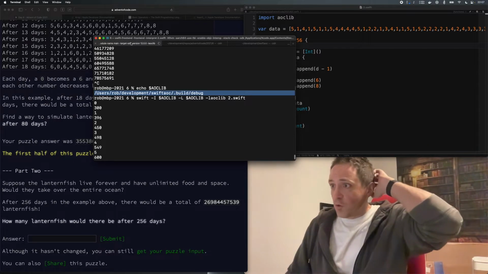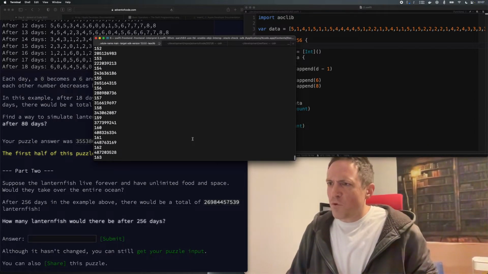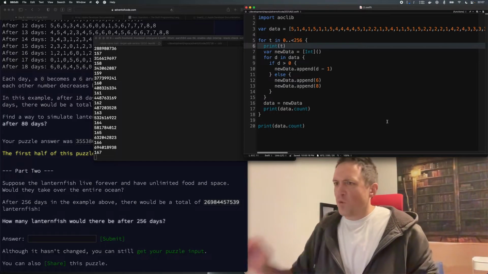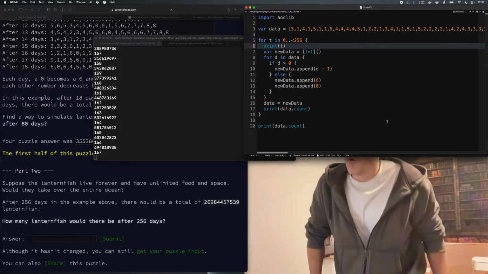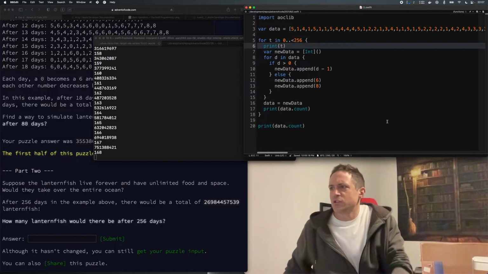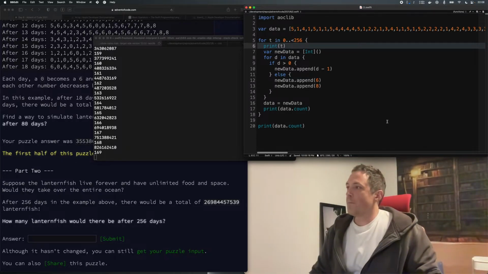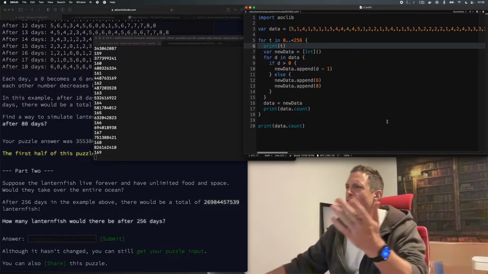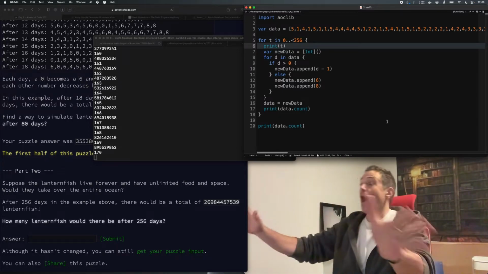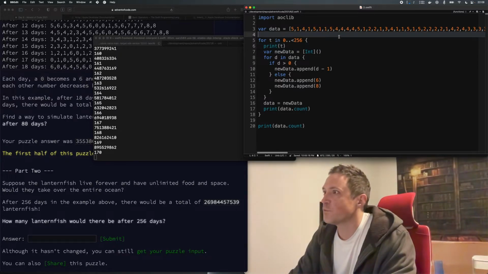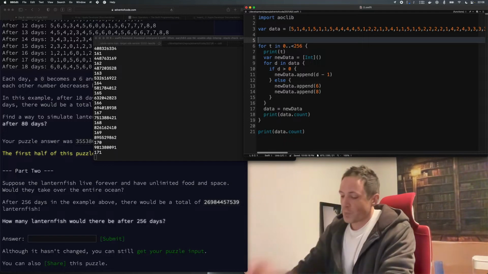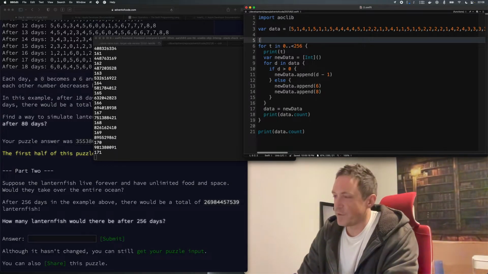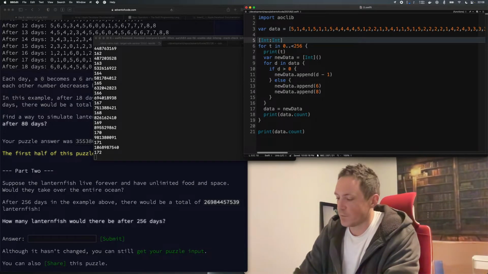Okay, so what are approaches to doing this more quickly? Because we have about 100 to go and they are getting substantially slower. Oh, of course, we could just count the number of... Oh, there's a much faster way to do this. We just need a dictionary from ints to ints, so the count of the number of fish at each stage.